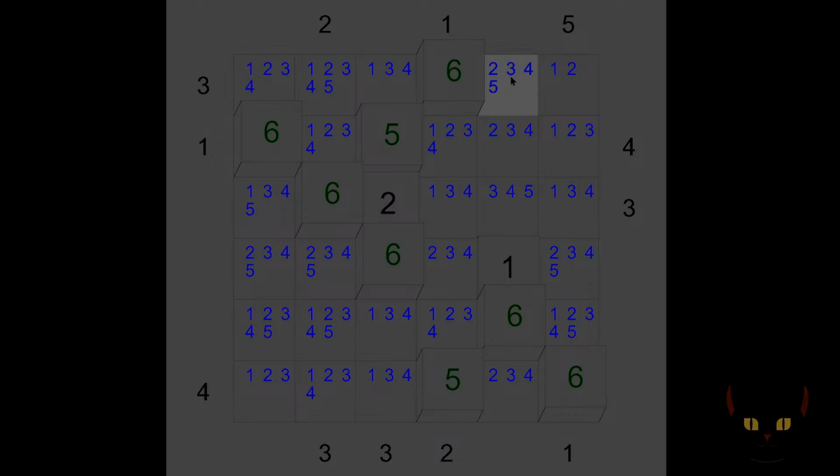Maybe? Let's see. Yeah, make that one not the 5, and that one not the 5, and then that one not the 5. And we still don't know about those 4.